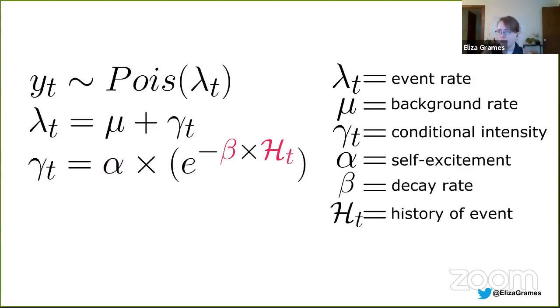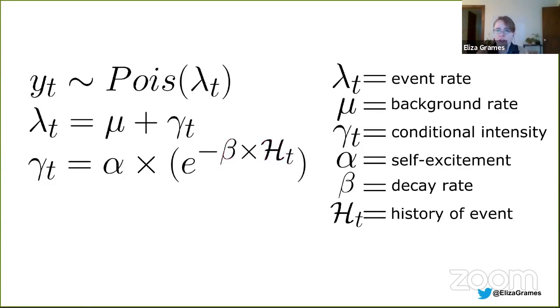And here I've set it with an exponential decay function. So we have this decay rate, and that essentially means that the longer ago an event was, the less likely it is to actually lead to a response, because you can't remember the complete history of signals, kind of like with longer time since an earthquake, you're not going to get as many aftershocks. And then you have the complete history of the events leading up till time t, but of course, the longer ago it was, with this decay rate function, it won't be as important.